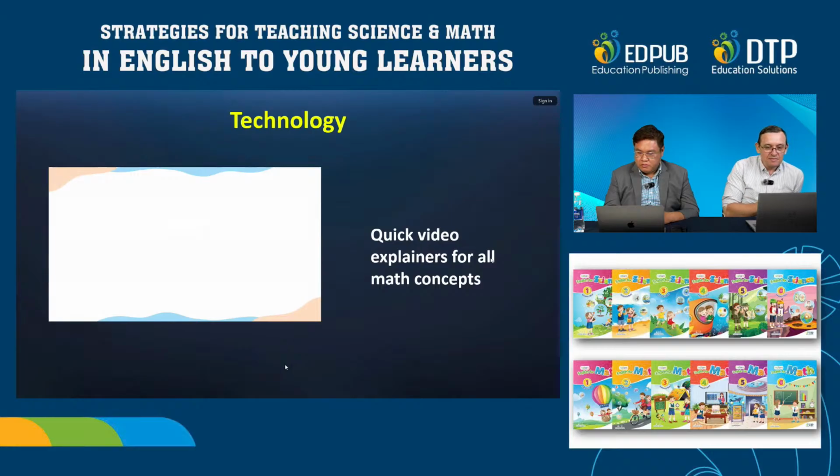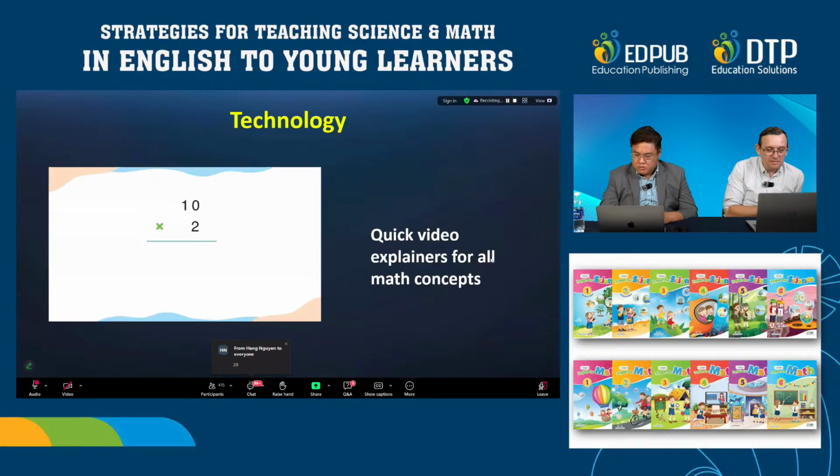Today we are learning Unit 2, Calculations 2. This is Lesson 1, Multiplication. So, here we have 10 multiplied by 2. We can say the product of 10 and 2 is, well, let's find out. So, firstly, we multiply 0 by 2.